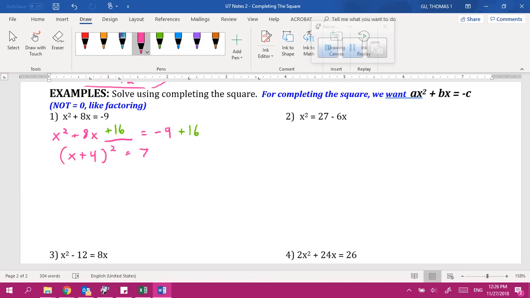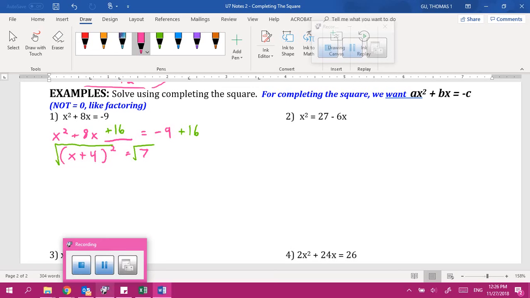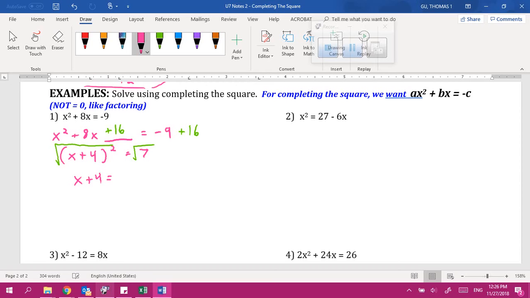So this is the completing the square part. Now we're going to solve for x. How do we solve for x? Square root. Which leaves you with x plus 4 equals what? What do you always have to include when you take the square root though?